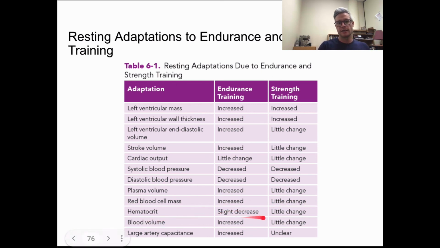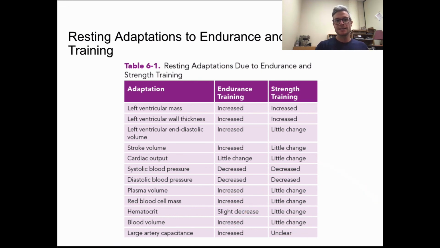But we see there's very little for strength training, but there's a slight decrease for endurance training individuals. Our blood volume increases as a result of these two factors increasing. So there's little change there for strength training, and large artery capacitance definitely changes for our endurance trained individuals, and there's not really enough evidence there for strength training.